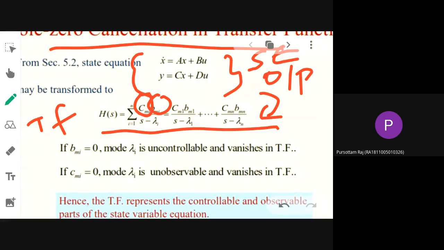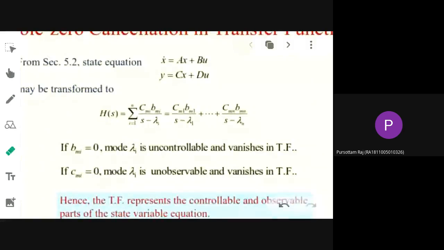Suppose Bm takes the value of 0, then this S minus lambda I mode will become uncontrollable and it will become 0 and will not come in the transfer function. On the other hand, if this factor takes 0 value, then this factor in the denominator will become unobservable and again it will get eliminated from the transfer function when you are deriving it.